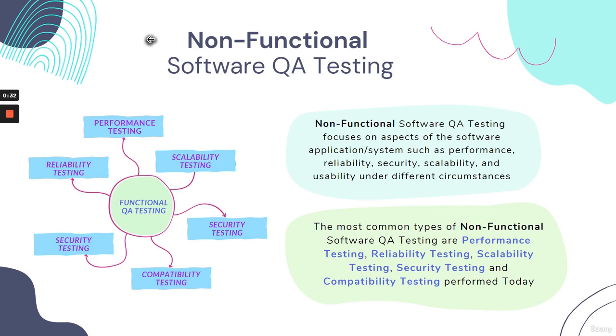The most common types of non-functional software QA testing are performance testing, reliability testing, scalability testing, security testing, and compatibility testing performed today. We're going to go into much more detail and use scenarios to demonstrate these non-functional testing types.